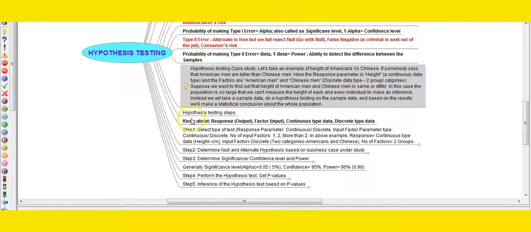We will quickly go through the steps for hypothesis testing. The first thing is we must know about the response or output. We must know about the factors, which we also call inputs, and what type of data they are, both response and factors, meaning Y and X: whether it is continuous or discrete data.